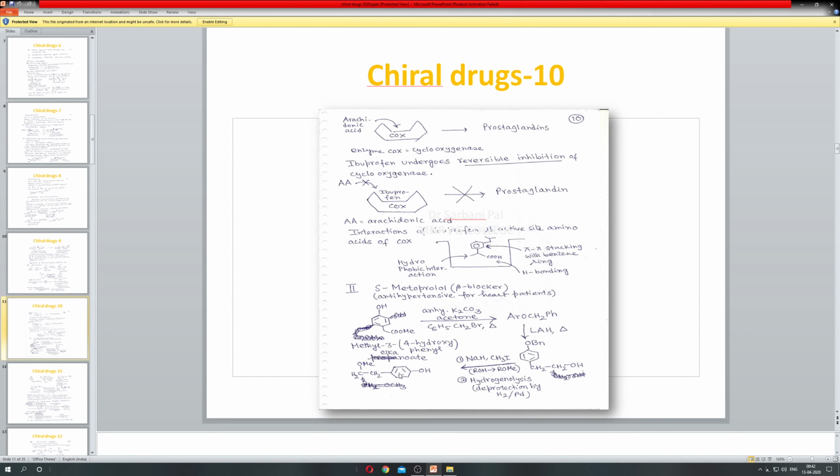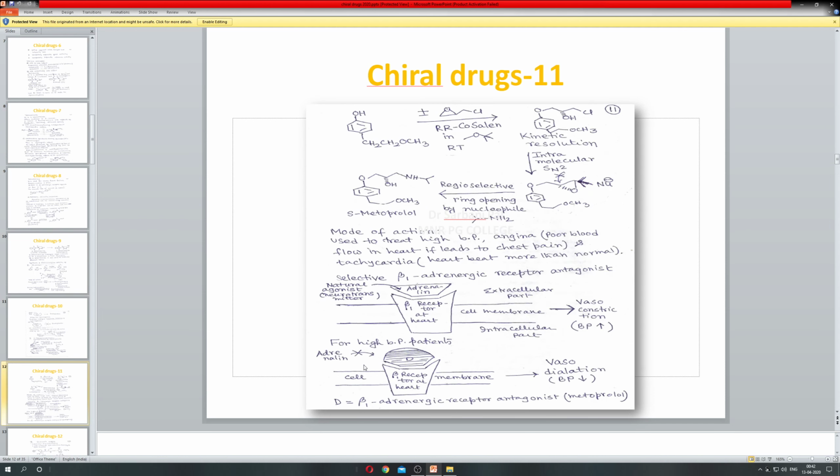We have a benzene ring, with a phenolic OH at the para position and CH2OMe. Now this compound is reacting with epichlorohydrin.